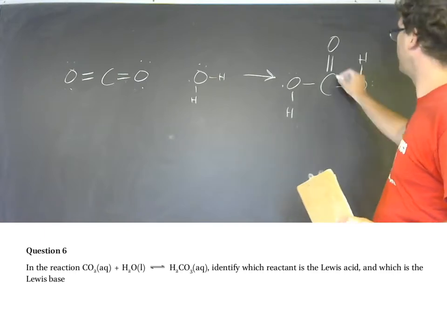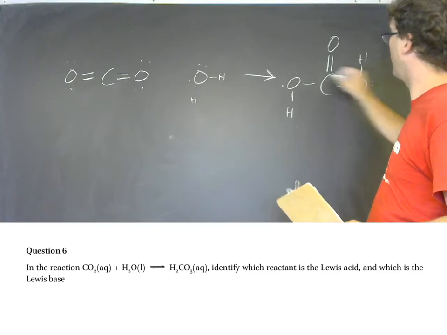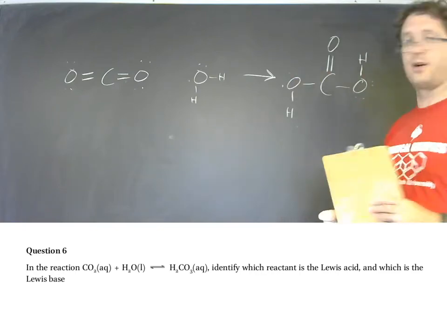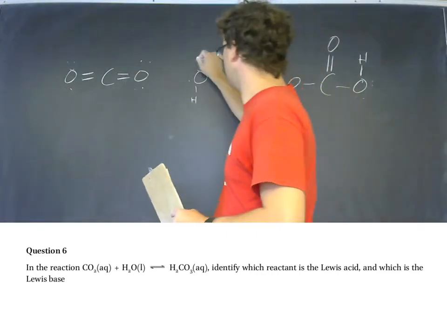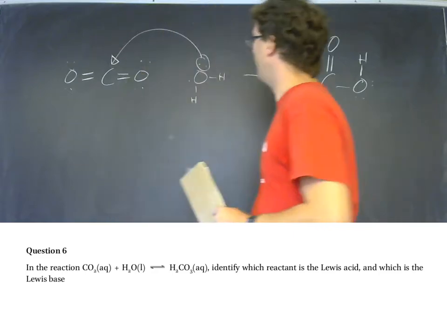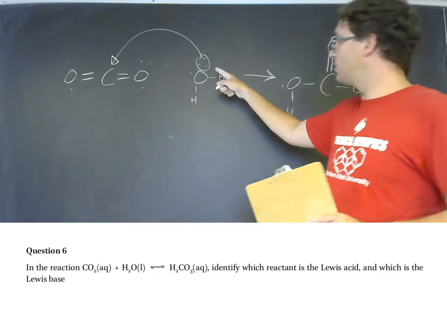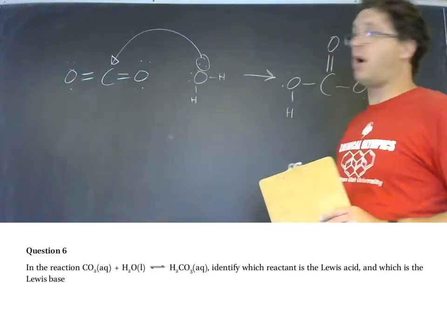Well, we can count the number of carbon-oxygen bonds. We've got carbon bonded to all 3 oxygens in the carbonic acid. And carbon doesn't have any electrons to give, so it seems really plausible now that the water is actually donating 2 electrons to form a new carbon-oxygen bond.